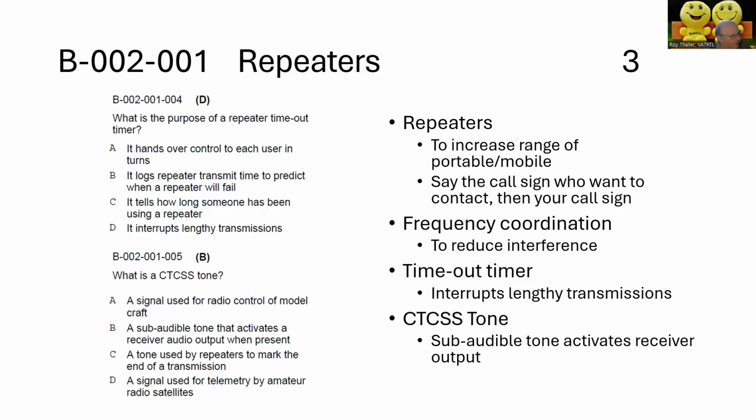So what is the purpose of a repeater timeout timer? So it's D, it interrupts lengthy transmissions. So if you talk for a long time, the repeater will time itself out.